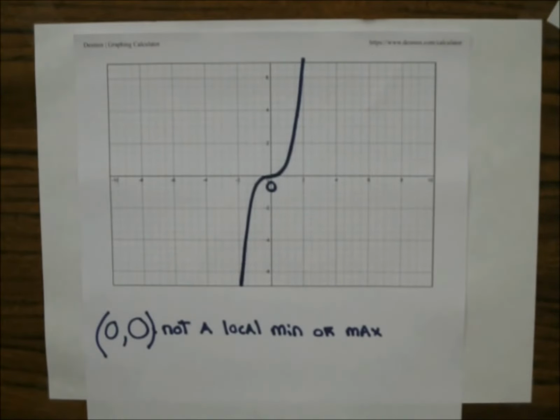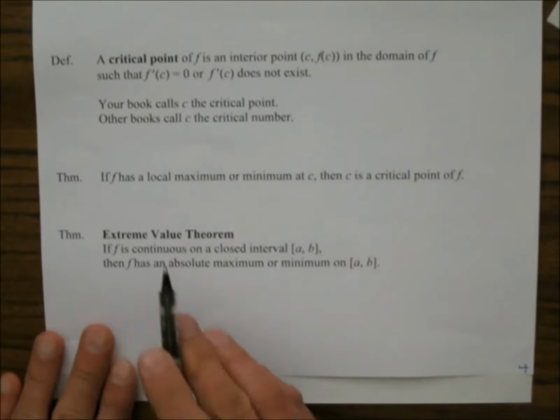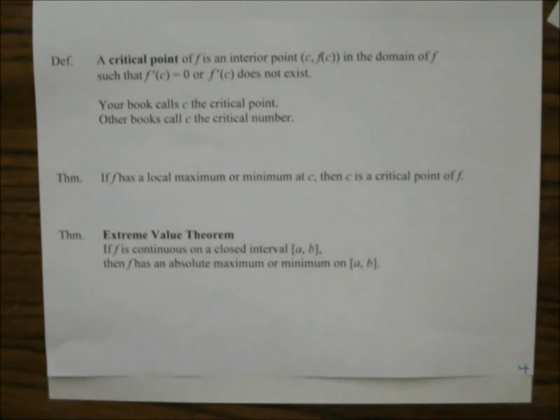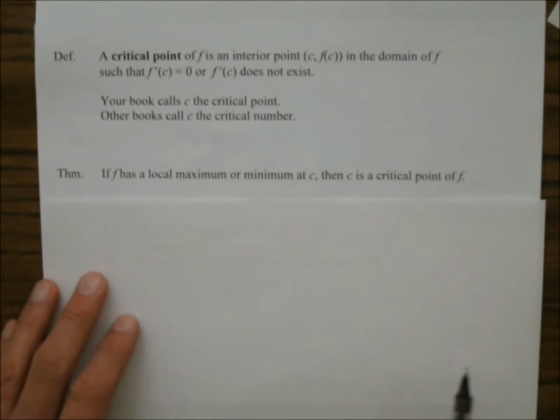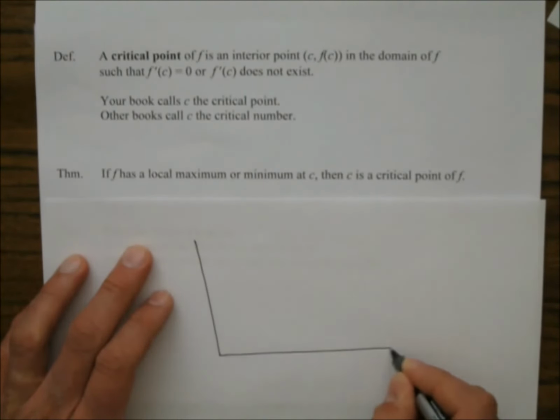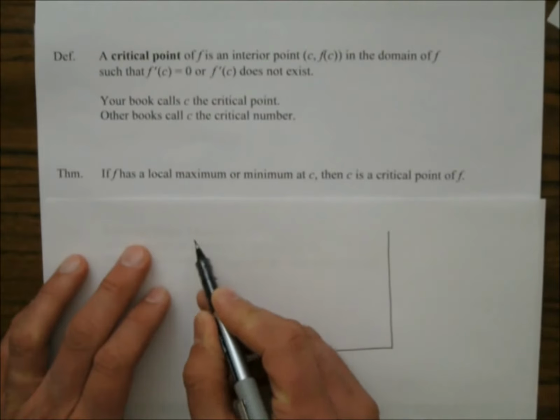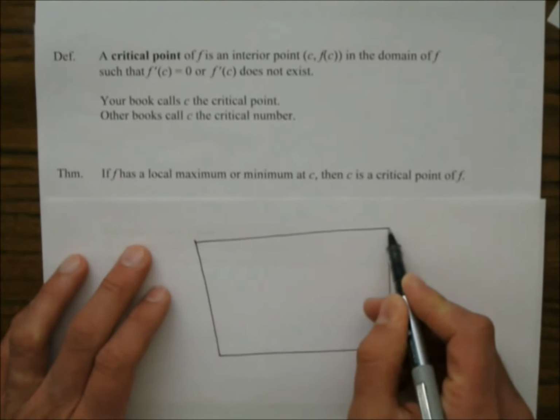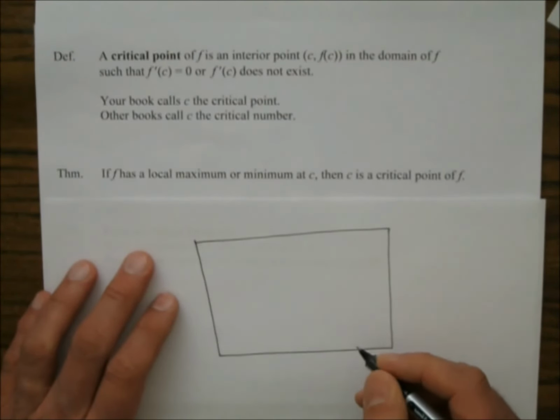And so we can come back to this theorem here. It says, if f has a local min or max at c, then c is a critical point.